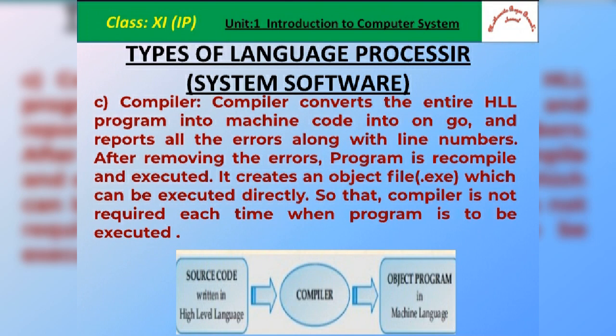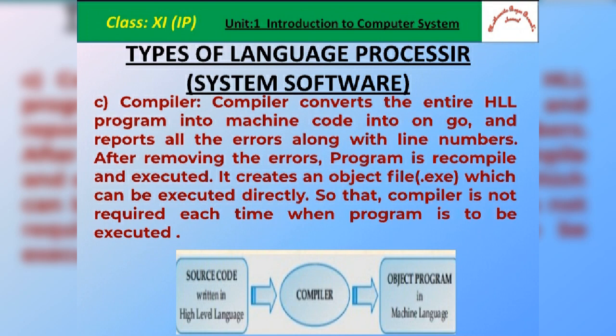And after removing the error, the program is recompiled and executed. It creates an object file which can be executed directly, so the compiler is not required each time the program is to be executed. And this is the difference between interpreter and compiler, and it's a very important question for you. What is the difference between compiler and interpreter?